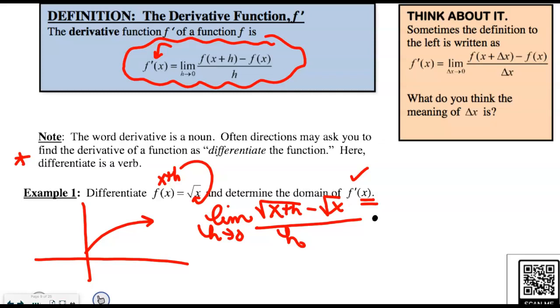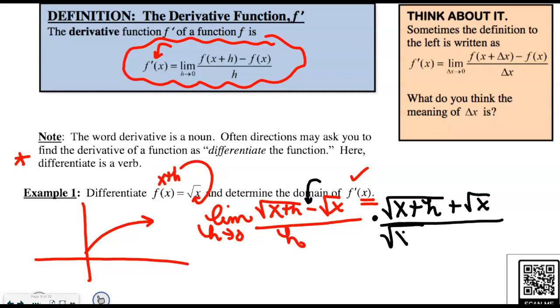And we talked about in our chapter 1 that a lot of times when you get that 0 over 0 indeterminate form, multiplying by a conjugate, where we just change the sign between those two terms, helps clean that up. And it still does. So I'm going to multiply the top and the bottom by the conjugate of the top. When I FOIL the top, that's not an equals sign, by the way, I was underlining that.